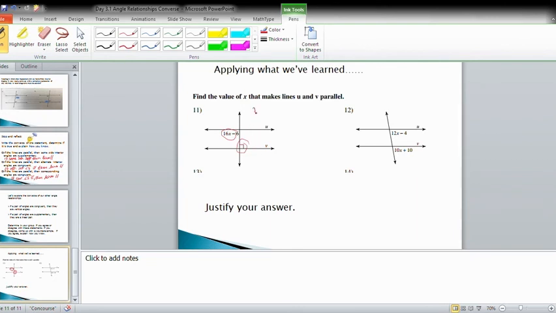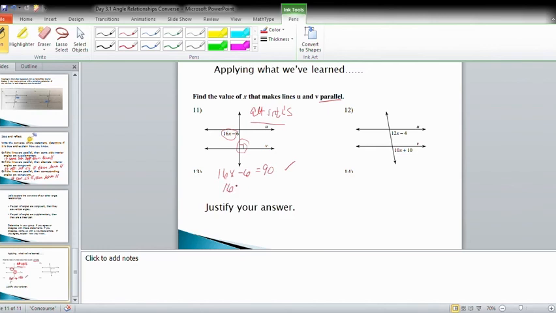So these are alternate interior angles. If we want lines to be parallel, we need alternate interior angles to be congruent. In order to make that happen, we have to set them equal to each other, right? And then we just solve.